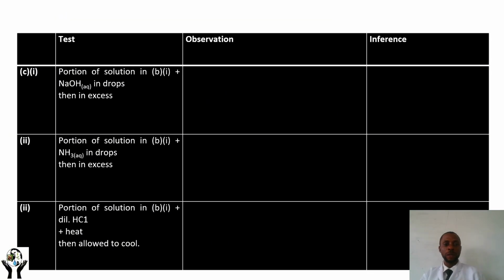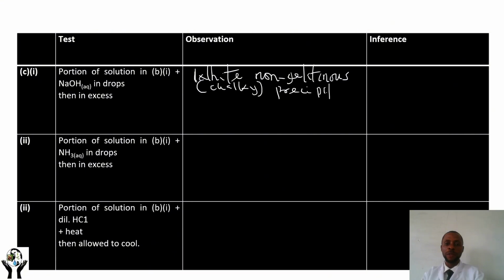Further, on the portion of the B1 that you have, that is the solution of sample C, you add sodium hydroxide in drops. In drops, you're going to have a white non-gelatinous, or you can just say chalky, precipitate.